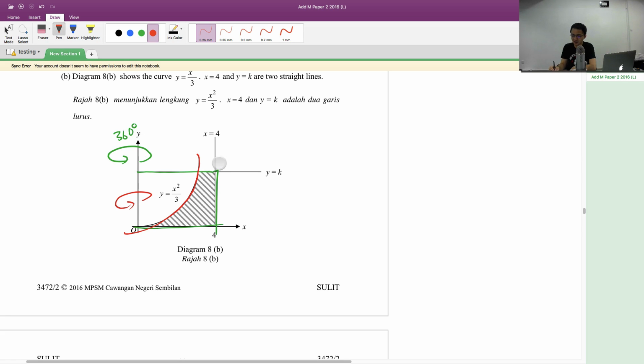Then we use the rectangle rotation minus the curve rotation to find the shaded region rotation. Let's say the green color represents the rectangle rotation. After the rectangle is rotated, you will get a cylinder.